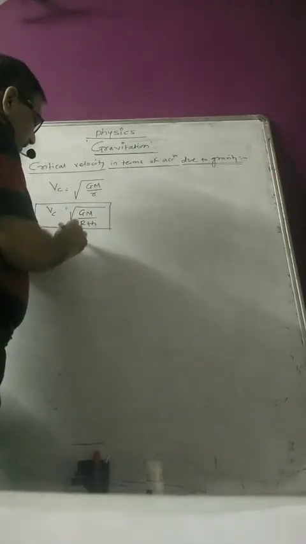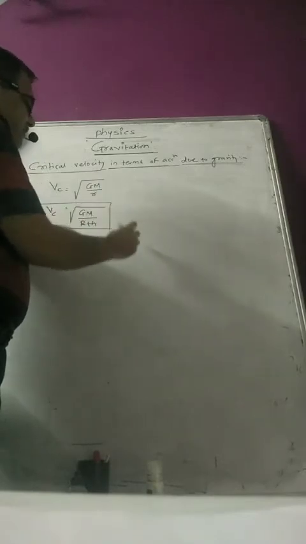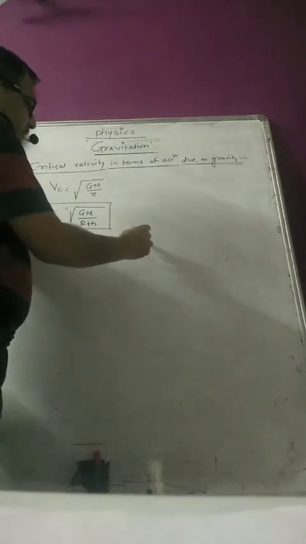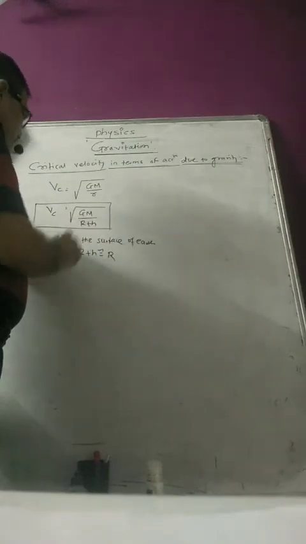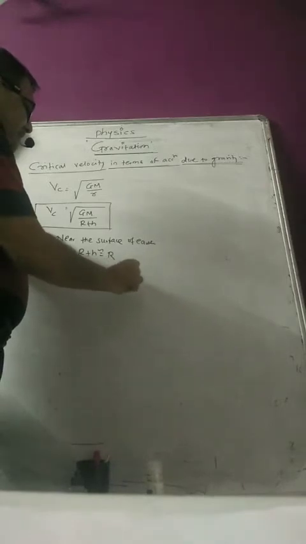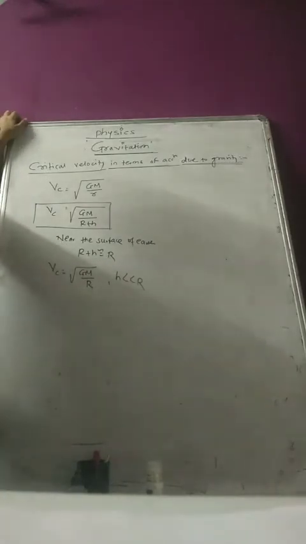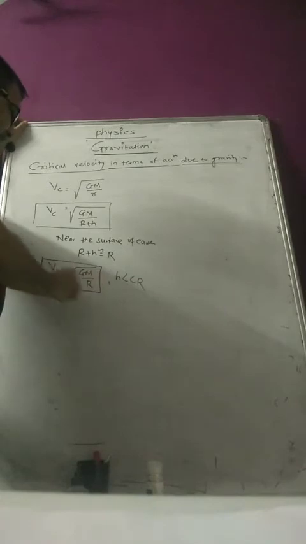If you want to find the critical velocity near the surface of earth, if the satellite has been set near the surface of earth, what will be the condition? r plus h is approximately r, and therefore the expression becomes square root of GM by r.